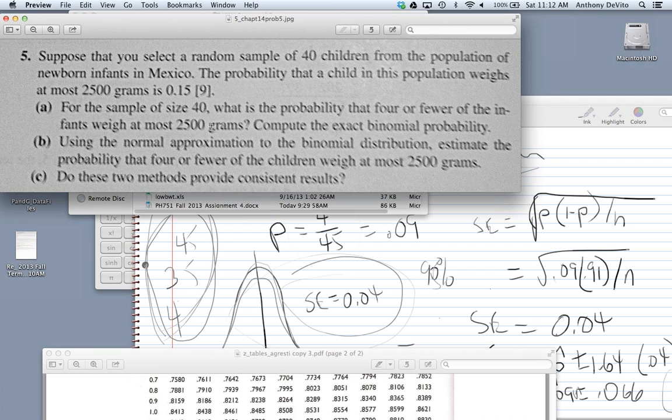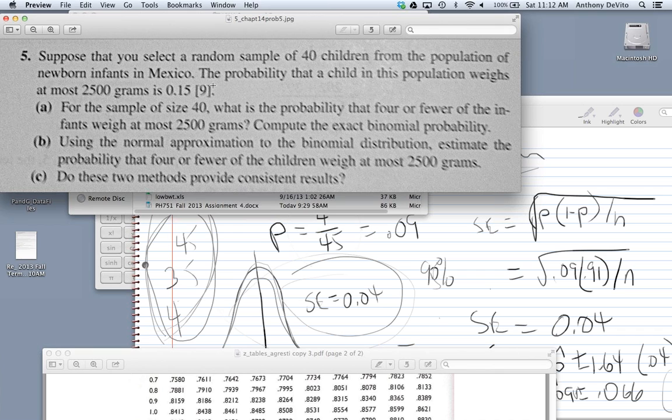Well, 15% of 40 is, let's see, 10% of 40 is 4 children. 15% of 40 happens to be 6 children. So our expectation, the most likely outcome, if we take a sample of 40 children, is we're going to find 6 of them. In other words, the sample size times the probability, n times p, is the most likely outcome. It's going to be 6 children.